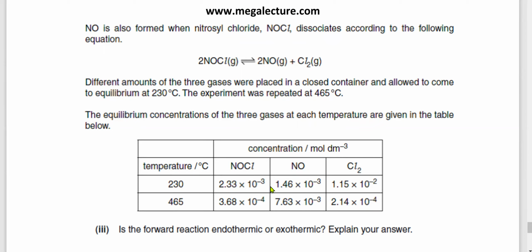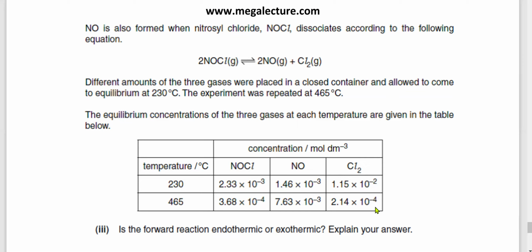So you're given the quantities, right? Now look at the product. Like at 230, you're getting more products, right? This is minus 3, that's minus 2. So you're getting more products. But what about 465? You're getting minus 4, and that's also minus 4.